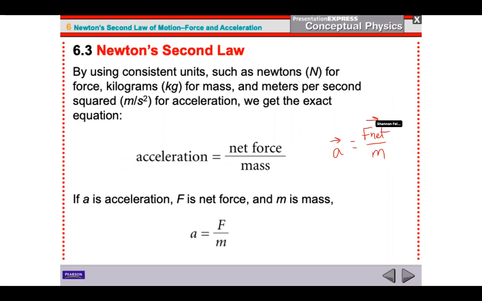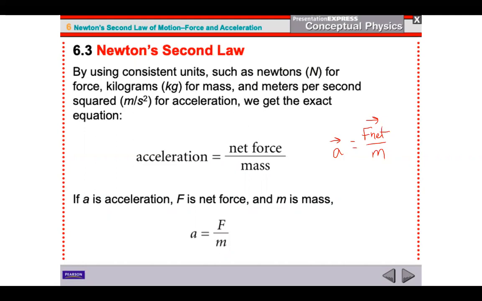The arrows over the a and the net force indicate that they're vectors and that the direction is important. Mass is a scalar and its direction is not important. So people say Newton's second law is F equals ma, but you have to be careful that F is the net force.